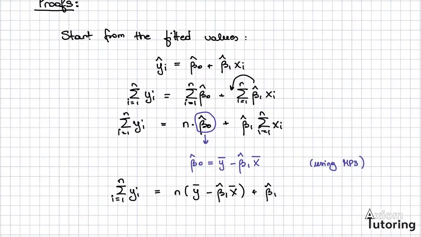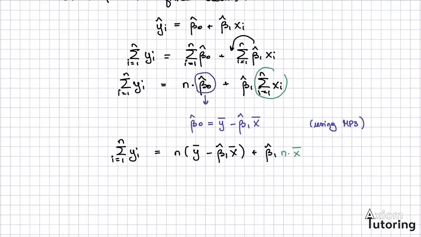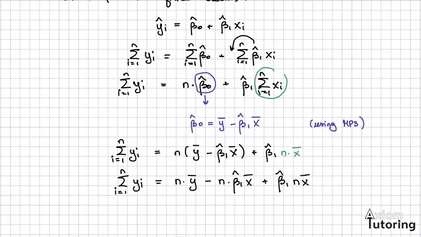Now, keep in mind, using the summation properties, we can write the sum of xi as n times x bar. Once we take things out of the bracket, we'll see here that the sum of yi hat is equal to n times y bar minus n times beta 1 hat x bar, and then we've got here beta 1 hat and x bar.